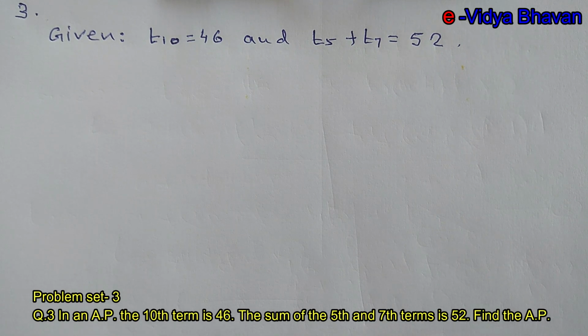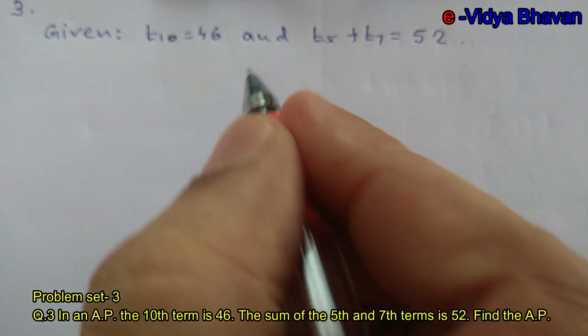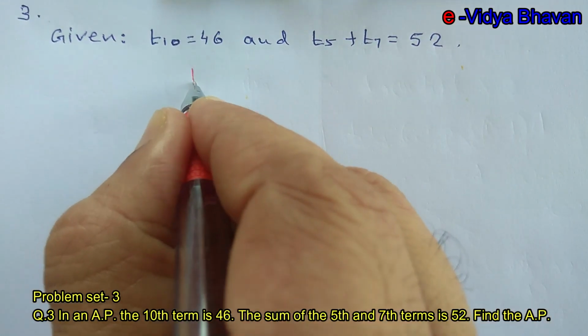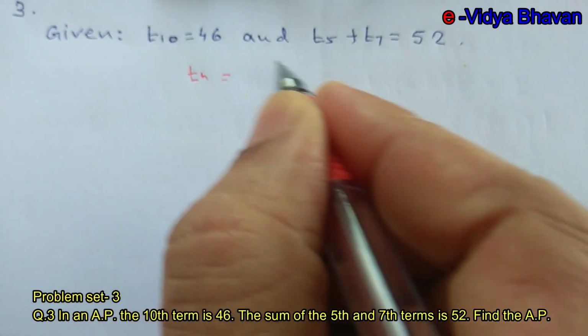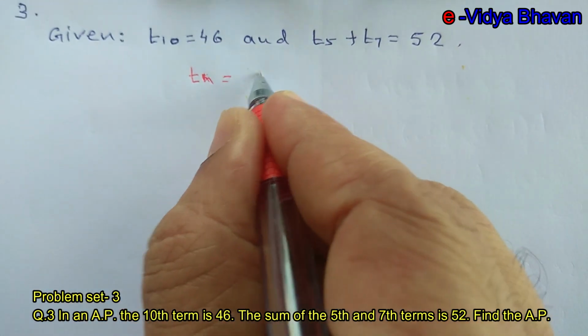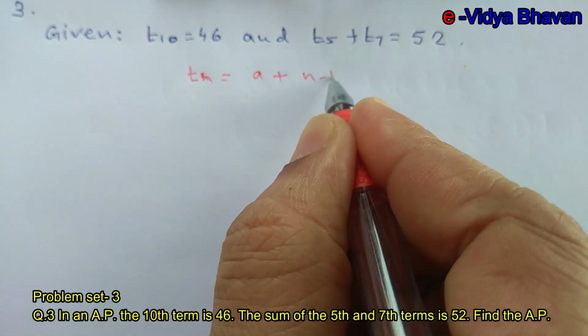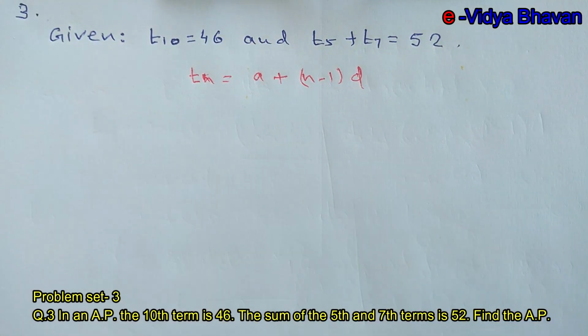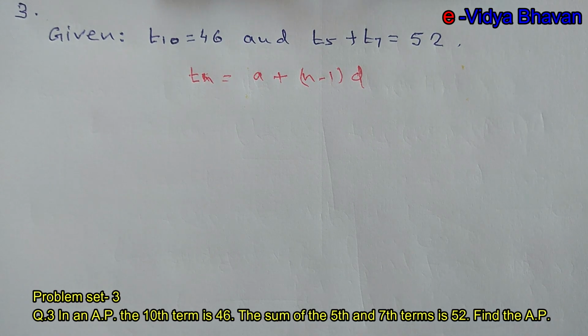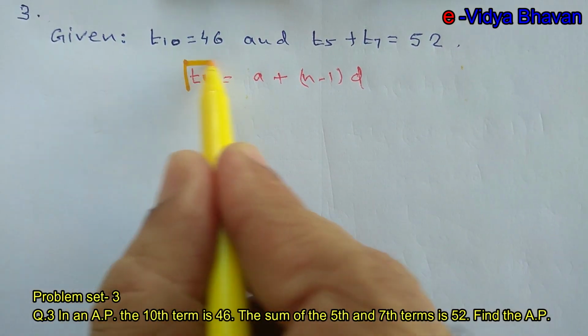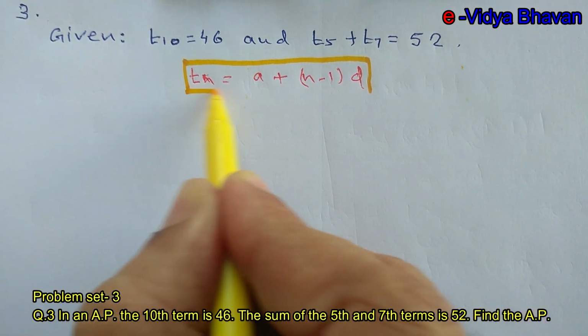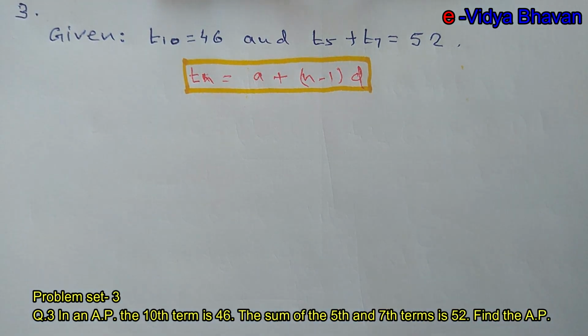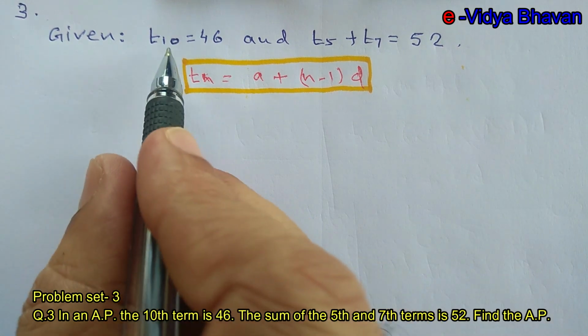Now we know the formula for nth term. Let us write down the formula for nth term. Tn equal to a plus n minus 1 d. Now, first we'll substitute the value of T10.